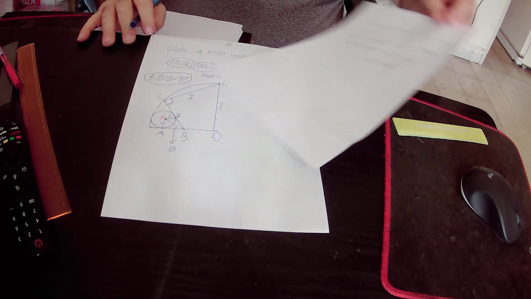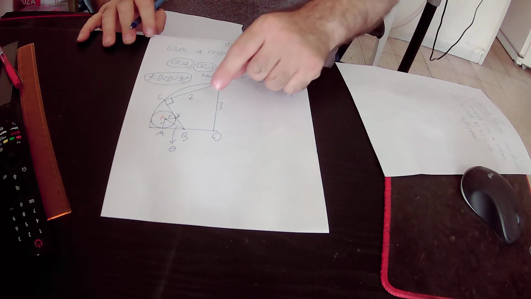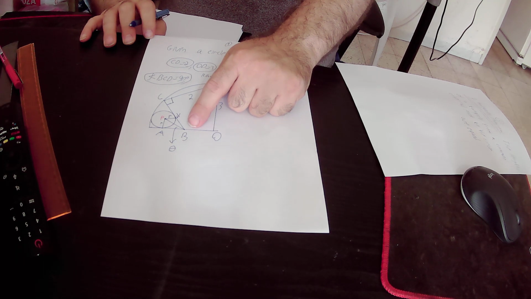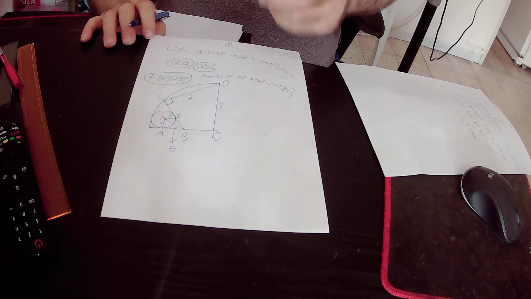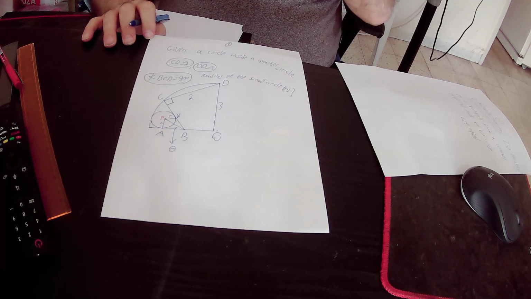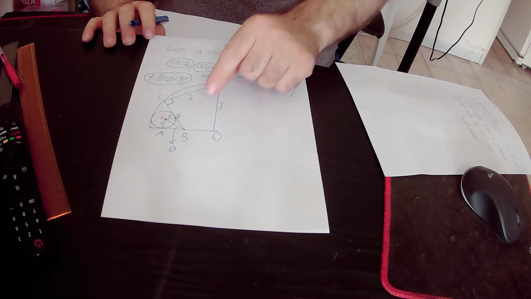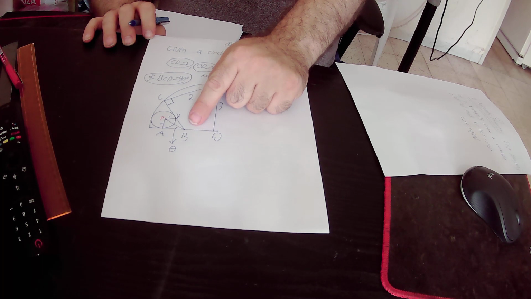Okay, actually, from point B we have two tangents, tangent AB and tangent BX. So those two tangents, both from a common external point that is B, are equal to each other.